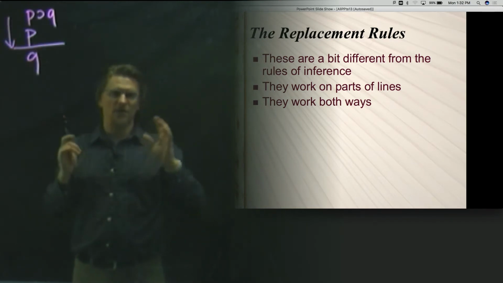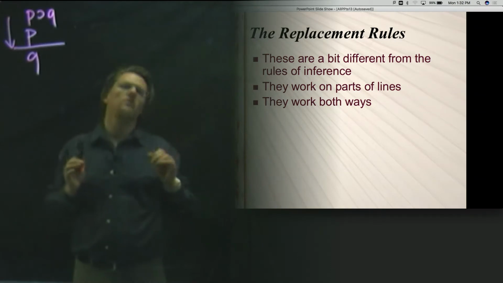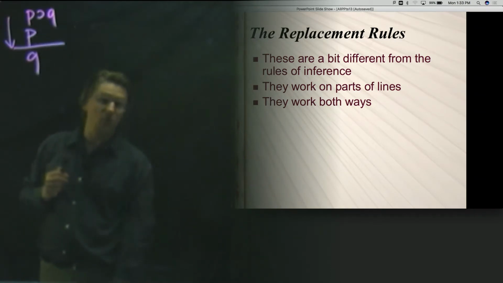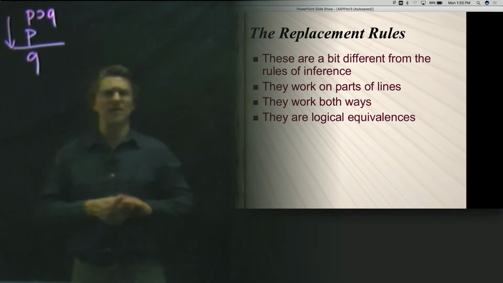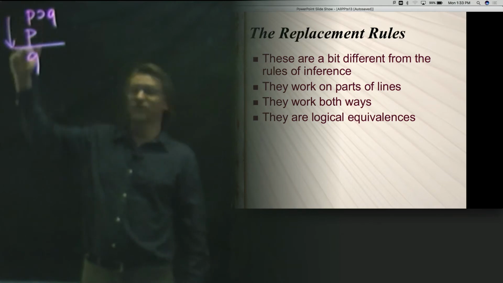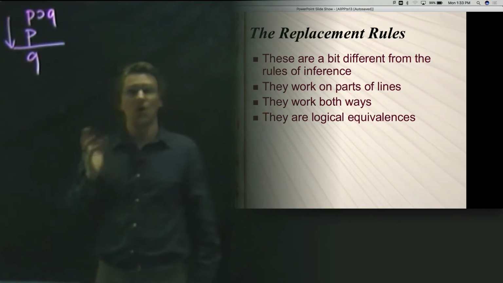Now, the replacement rules are very different. As I'm going to illustrate here, they work both ways. This is because they are logical equivalences. They are not inferences, as we see with modus ponens and all of the other rules of inference. These are going to be logical equivalences.